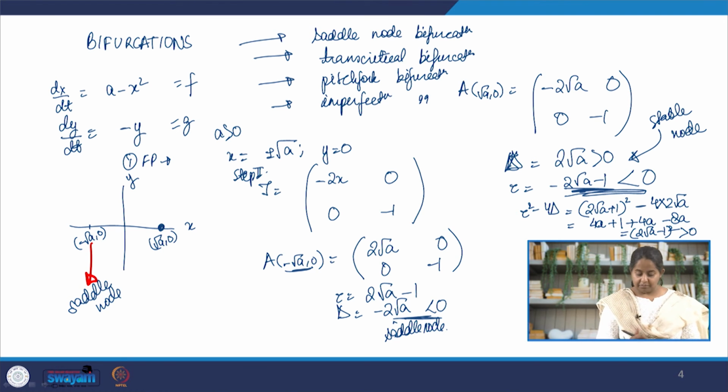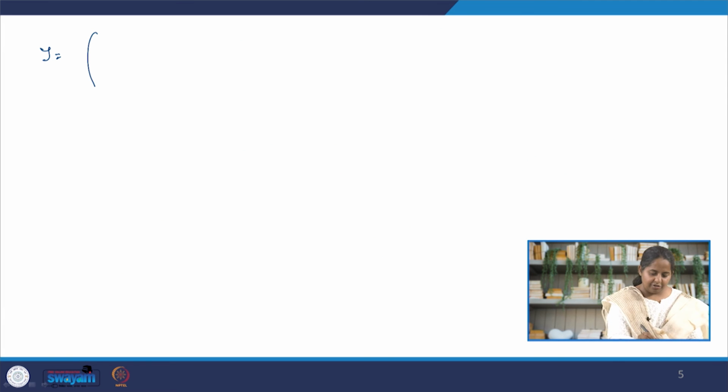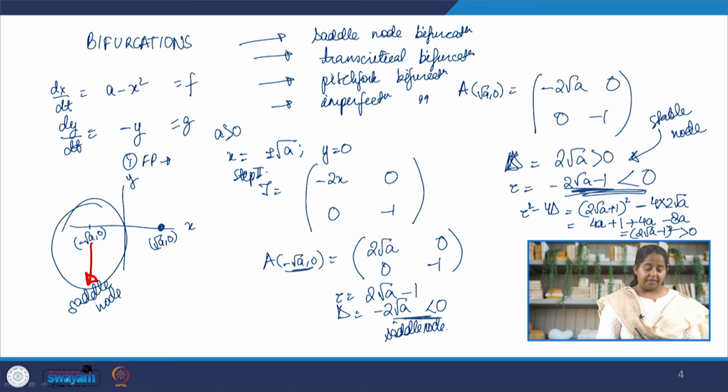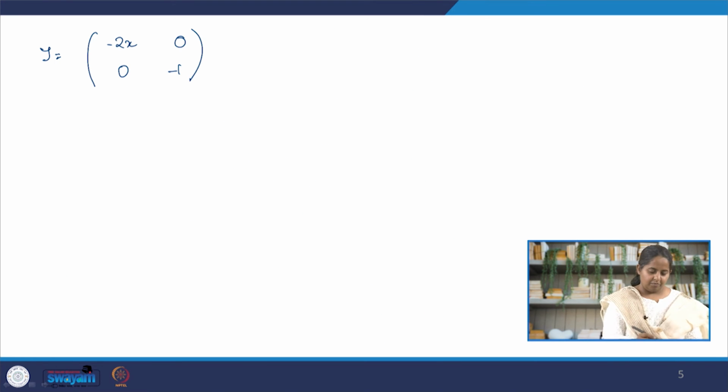So our Jacobian is minus 2x. This is our Jacobian. So we are trying to find the eigenvalues for minus root a, 0.